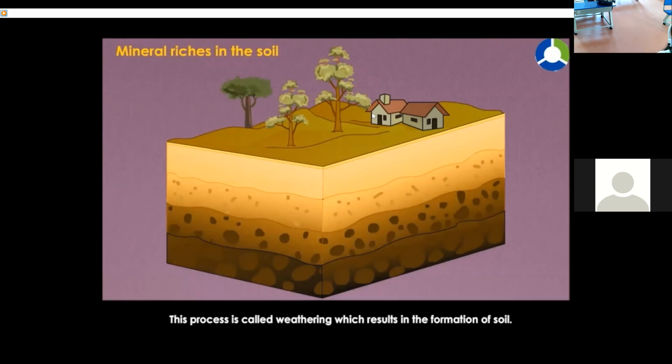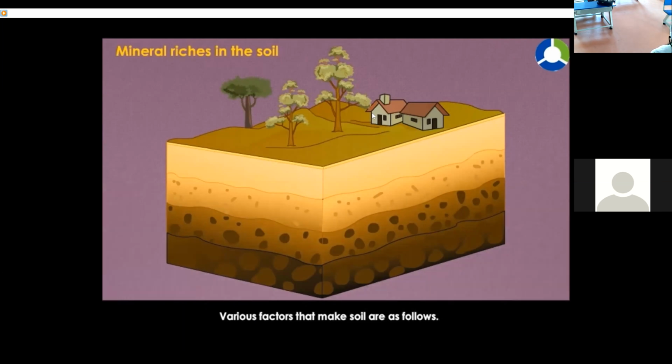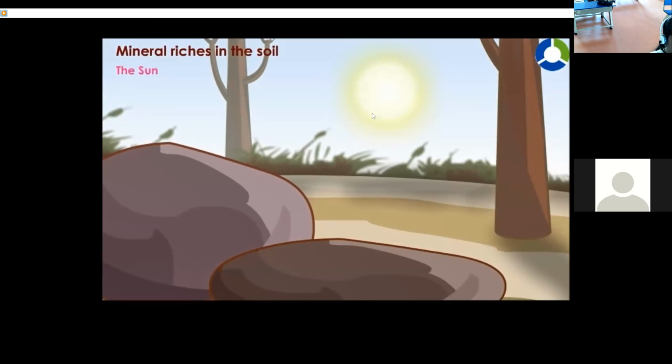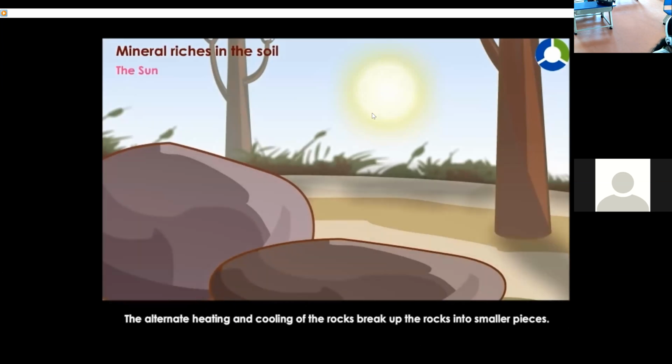This process is called weathering, which results in the formation of soil. Weathering involves a number of physical, chemical, and biological processes. Various factors that make soil are as follows. The sun. The alternate heating and cooling of the rocks break up the rocks into smaller pieces.